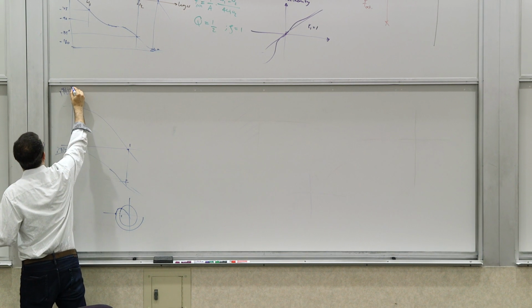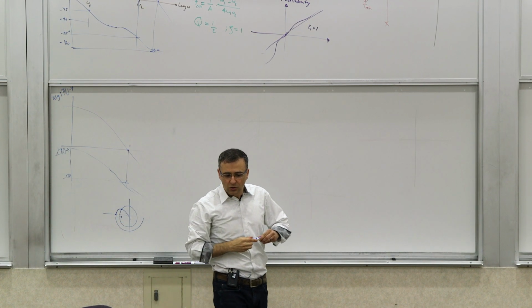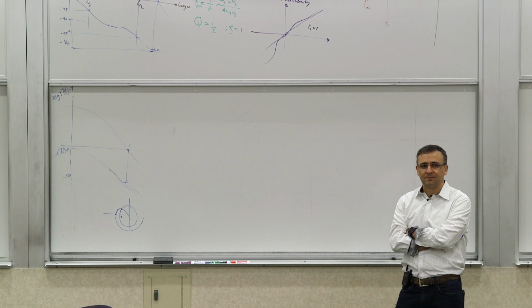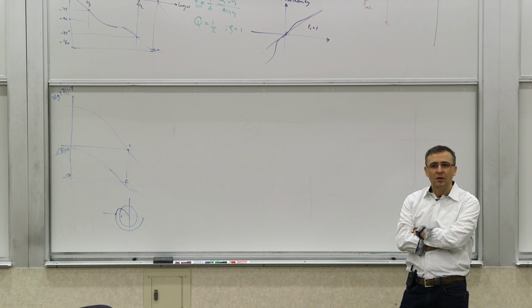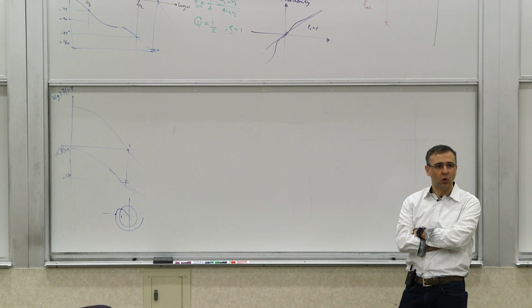The Bode plot is 20 log of that. So what can we do to stabilize this system? There's a simple way that always works, which is lowering the feedback.